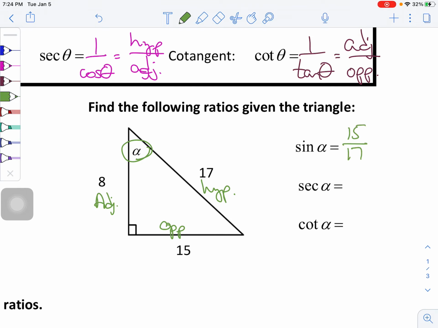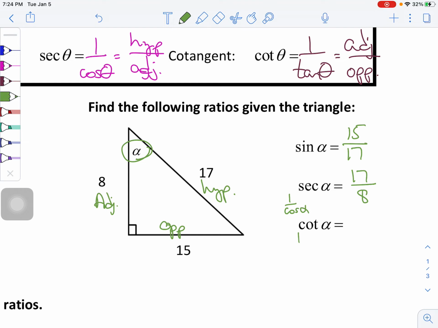Secant is going to be the reciprocal to cosine of alpha. I know that cosine is adjacent over hypotenuse, so if I do the reciprocal of that, it would be hypotenuse over adjacent, so 17/8.